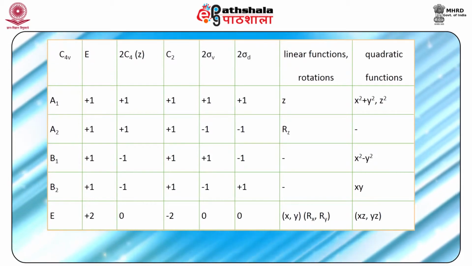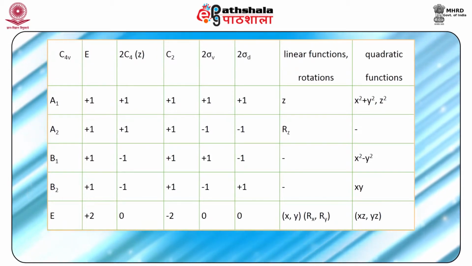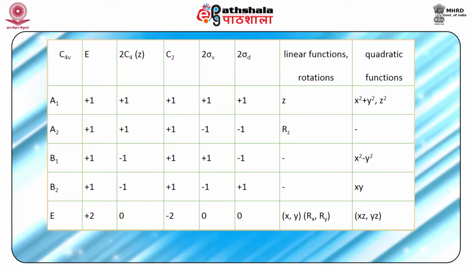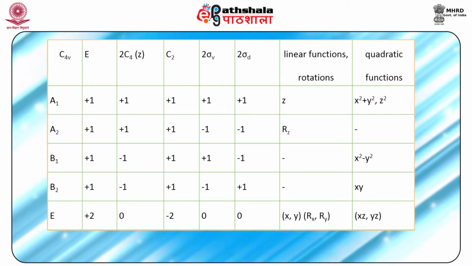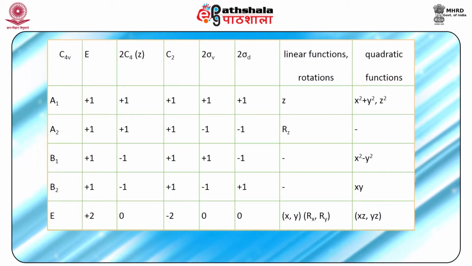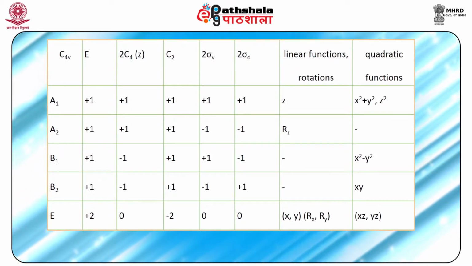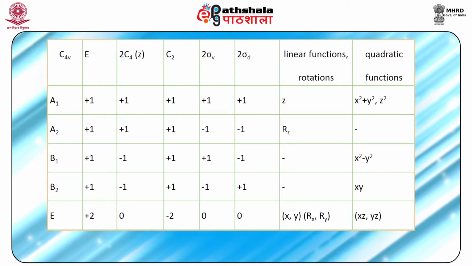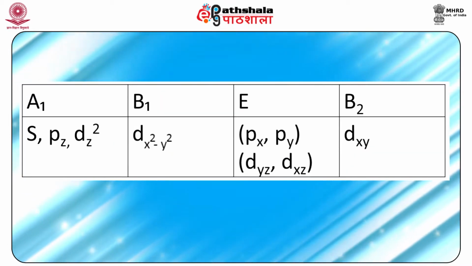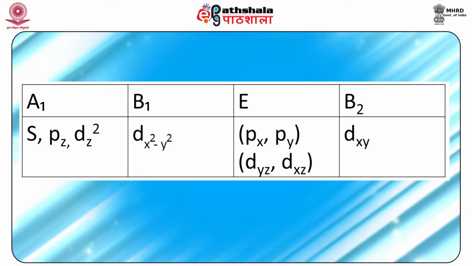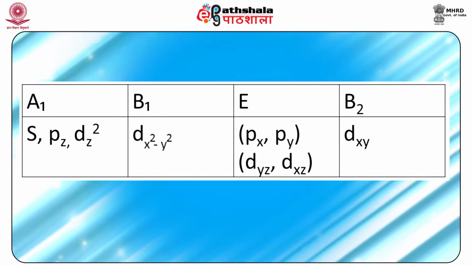For A1, we find x square plus y square, z square, and like this for E mode it is xz, yz, etc. The symmetries of the atomic orbitals of bromine atom corresponding to 2A1 plus B1 plus E are shown in tabular form.